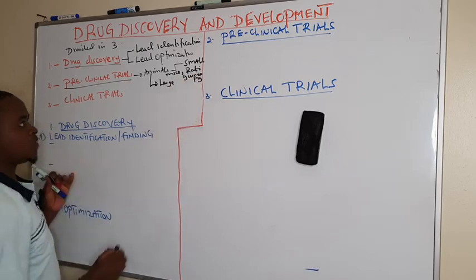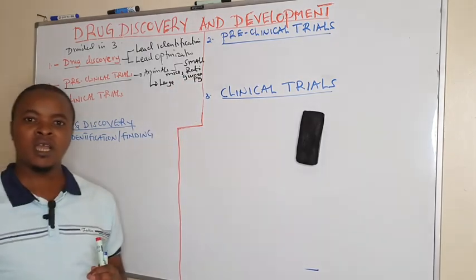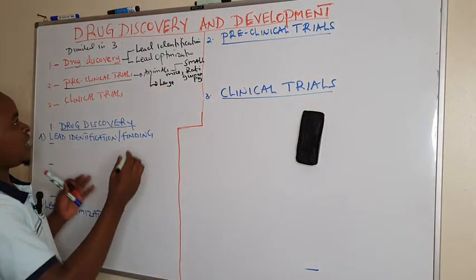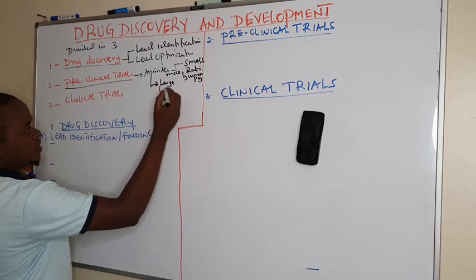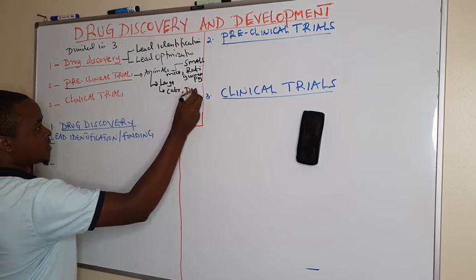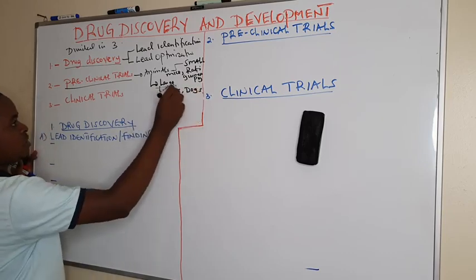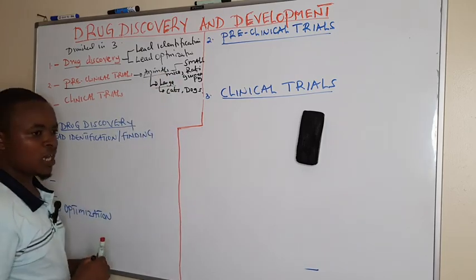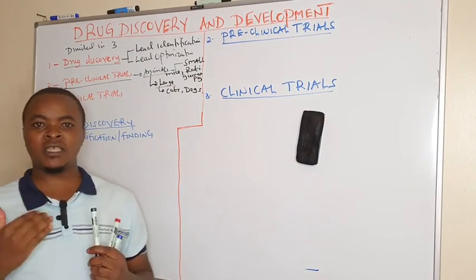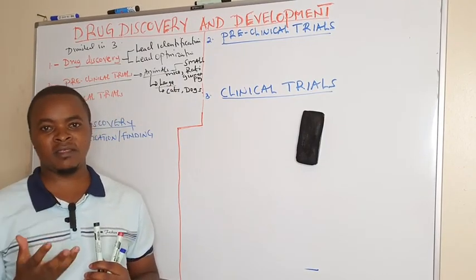These are the small animals we first do trials on. After passing, we continue to large animals, and large animals include cats and dogs. These are some of the examples where we do these preclinical trials. And what is the essence of doing preclinical trials? We shall see it will aid in many things.